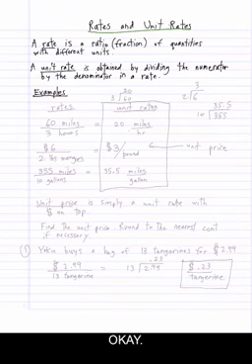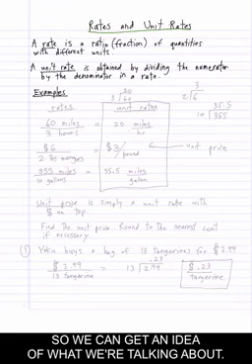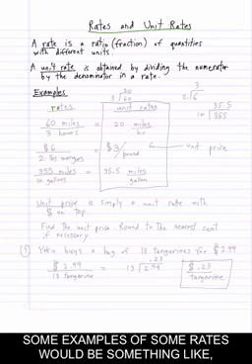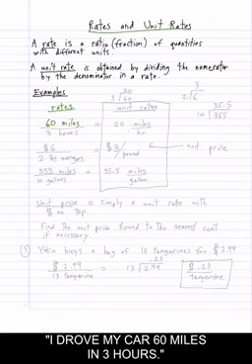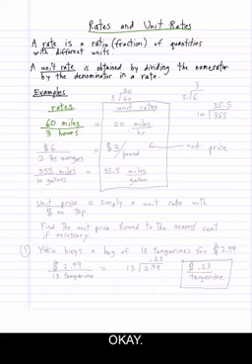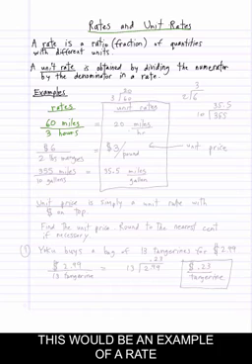Okay, so let's write down some examples so we can get an idea of what we're talking about. Some examples of rates would be something like, I drove my car 60 miles in 3 hours. This would be an example of a rate.